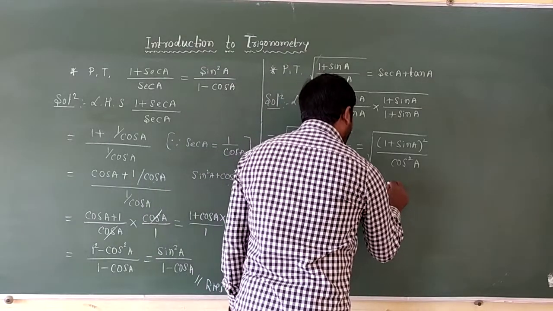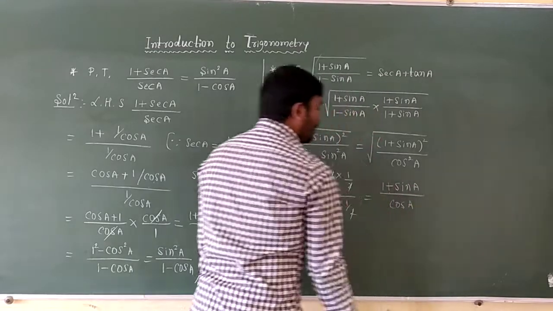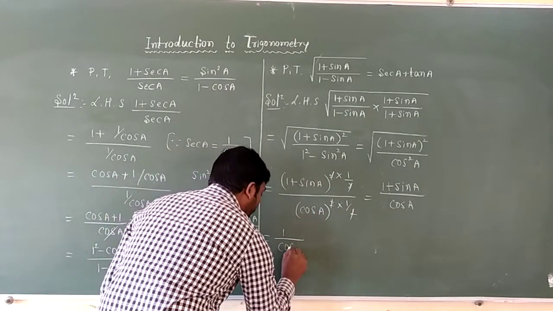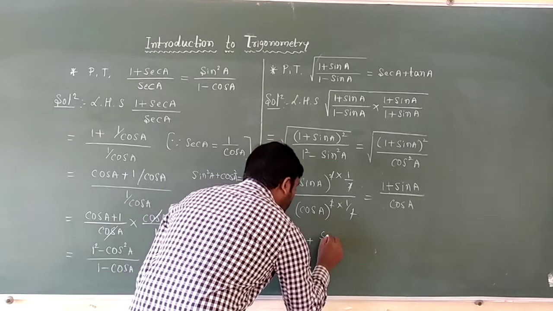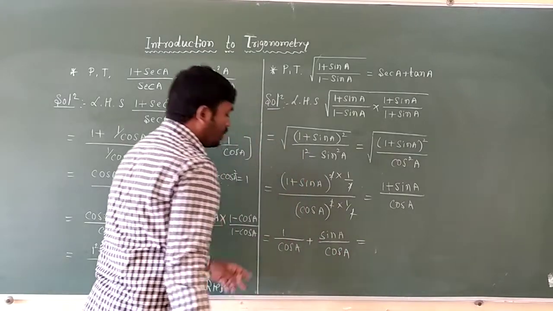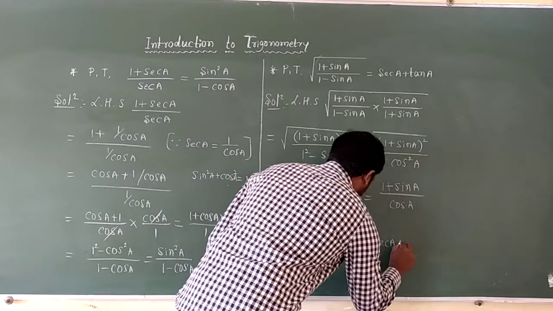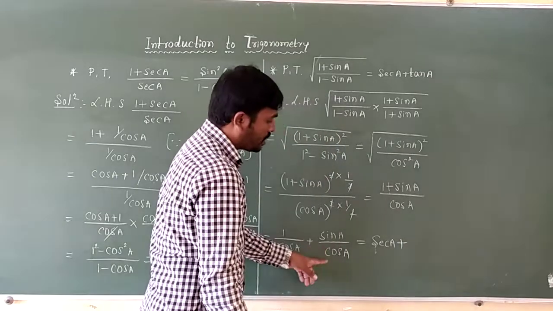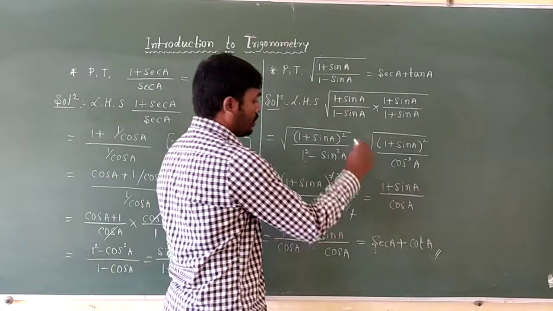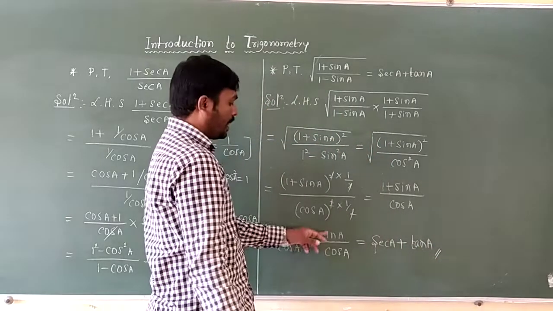So this is equal to (1 plus sin a) divided by cos a. Simplify it again. So this is equal to 1 by cos a plus sin a divided by cos a. 1 by cos a is sec a, plus sin a by cos a, which is tan a.